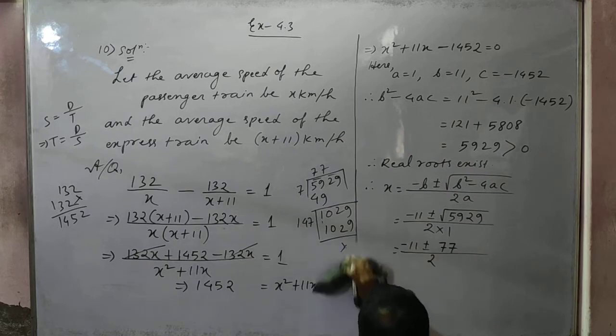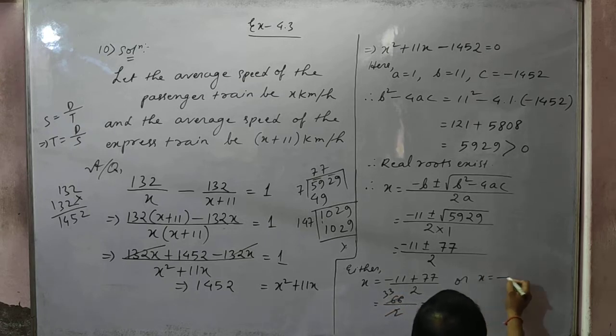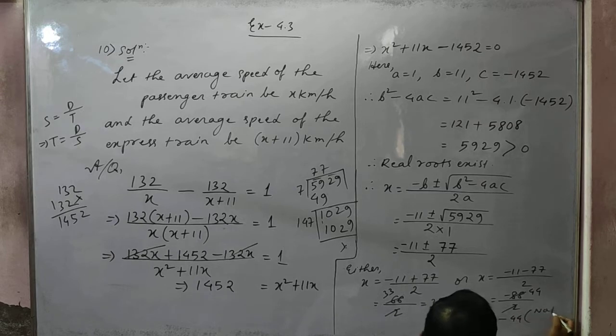So either x is equal to minus 11 plus 77 by 2, 66 by 2, 33, or x is equal to minus 11 minus 77 by 2, minus 88 by 2, minus 44, not acceptable.